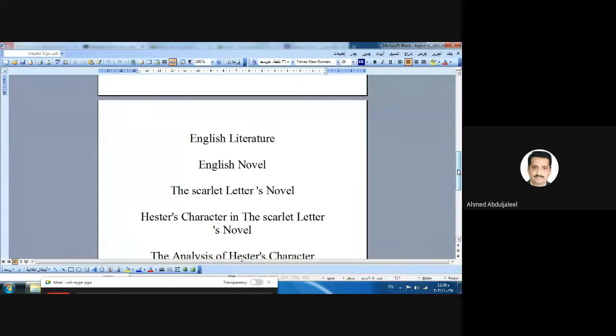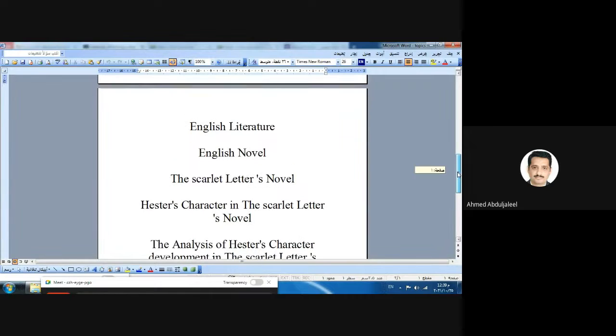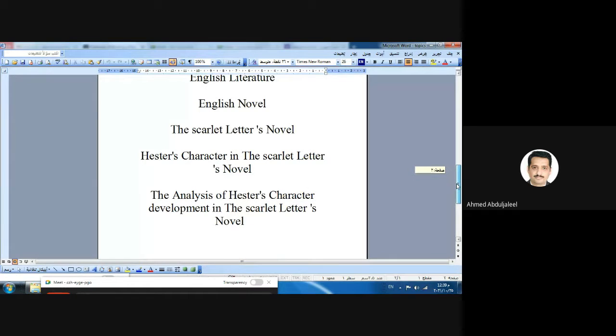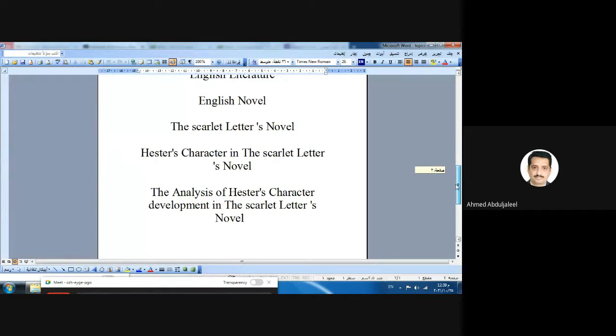Is it okay? No. The character itself, by the way, is the heroine. If we say the heroine of the novel, it means she will be available from the first chapter to the last chapter, so we have so many things. So here we say the analysis of Hester's character development in The Scarlet Letter novel.